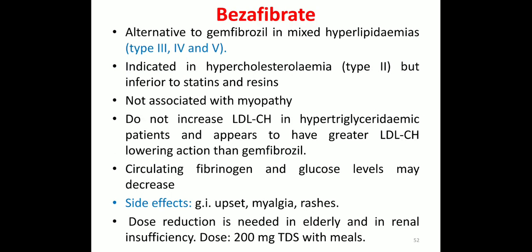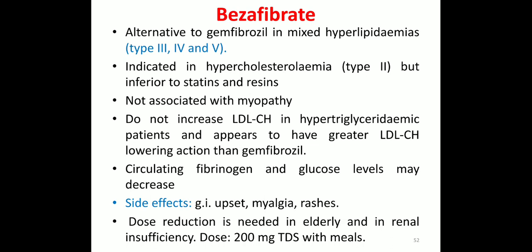Second drug is bezafibrate, which is an alternative to gemfibrozil in mixed hyperlipidemias, same type 3, 4 and 5. It is indicated in hypercholesterolemia type 2 also, but it is inferior to statin and resin. It is not associated with myopathy.